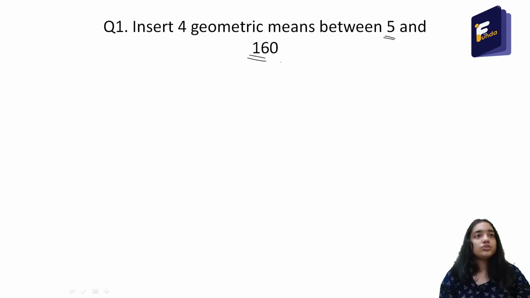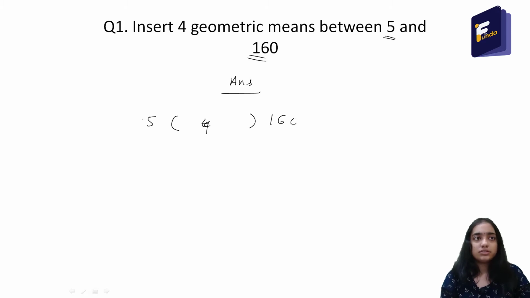The answer to this question is, we have already learned how we can insert geometric means between two numbers. So we are now inserting 4 geometric means. That means the first term is 5, there are 4 terms in between, and the last term is 160.